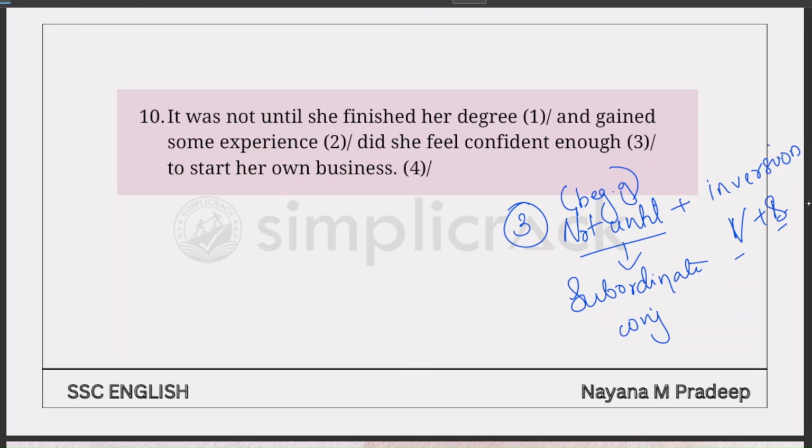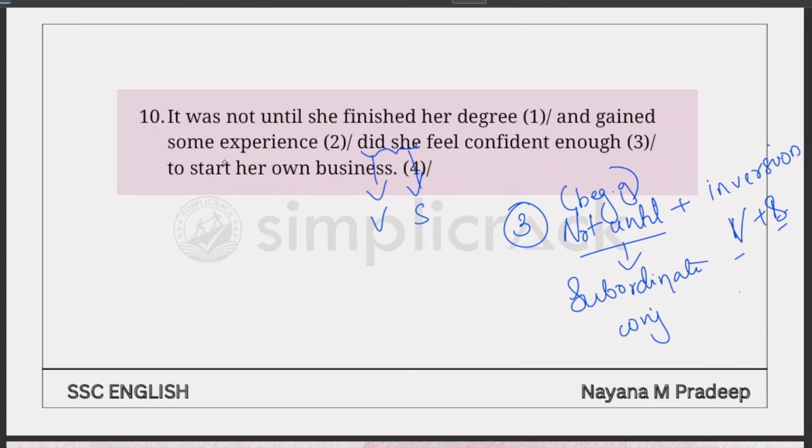This can be the auxiliary verb plus subject plus main verb. So in the sentence you find not until, and when you look at the structure of the sentence, you have subject that comes after the verb, which means that there is an inversion that took place in the sentence.